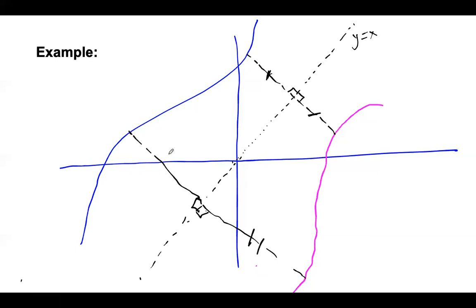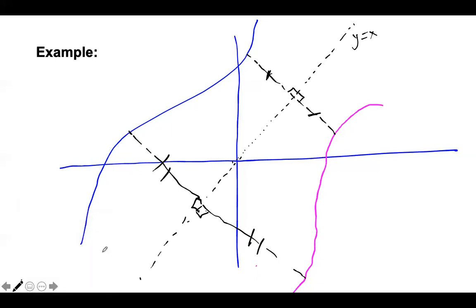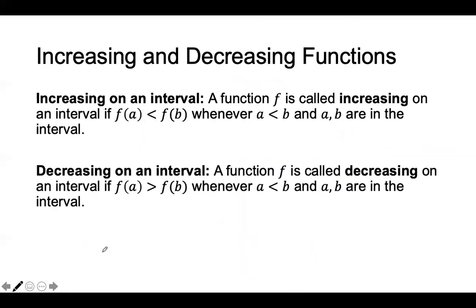So I put two lines to indicate they're the same, etc. So those distances are basically the same. So there's that symmetry along the y equals x axis. I think a picture says 1,000 words, so it's easier to visualize it with pictures.